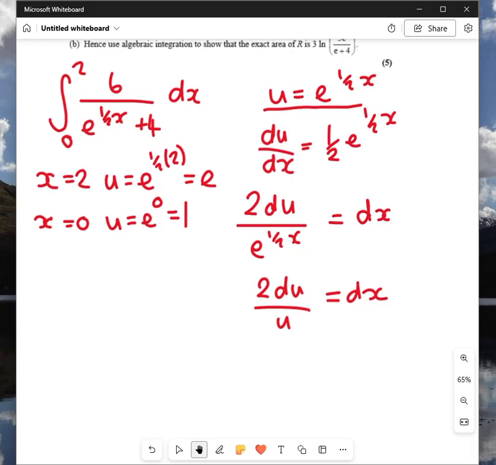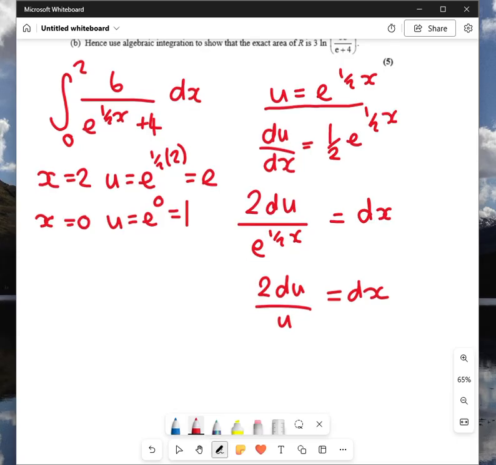So now let's have a go at rewriting our integral all in terms of u. Our limits are e and 1, and make sure where there was a 2 you put the e, and where 0 was you put the 1. They should map to each other. Then 6 stays as 6. E to the half x is u, so let's replace that, plus 4, and then dx we're replacing with 2 du over u.